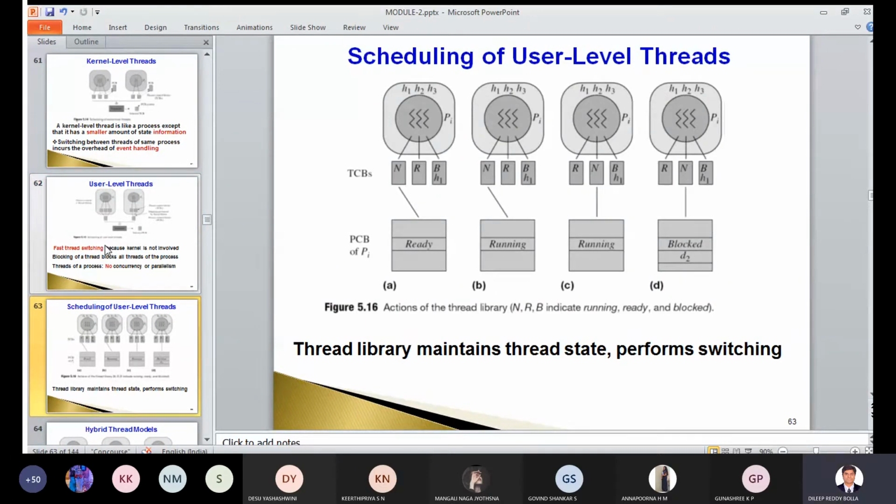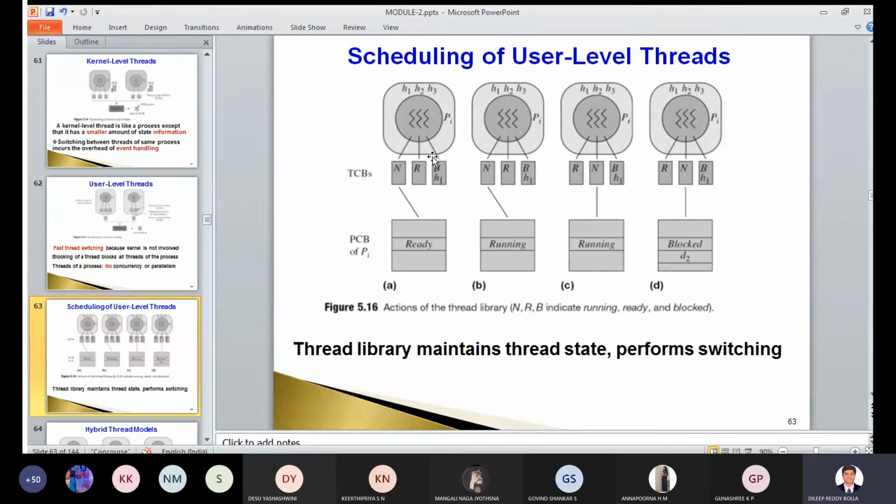So now, scheduling of user level threads. What are these A, B, C, D actions of the thread library? N, R, B indicate running state, ready state, and block state. Let us say N is running, R is ready, and B is blocked.